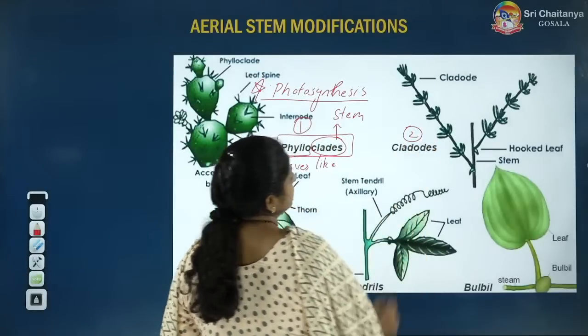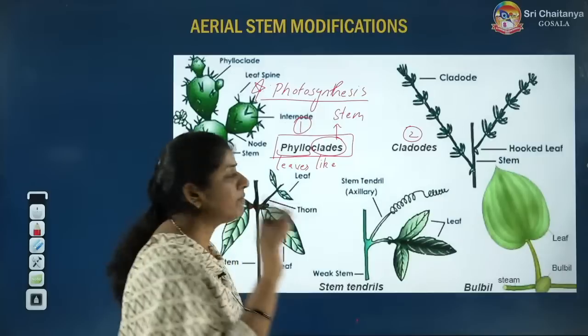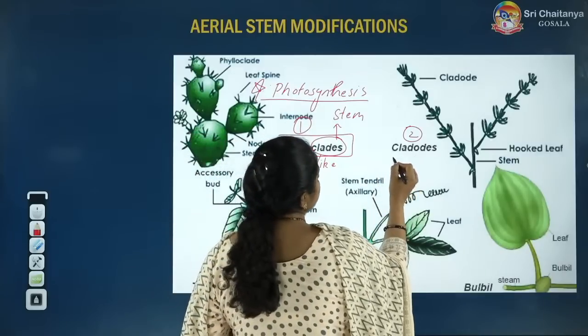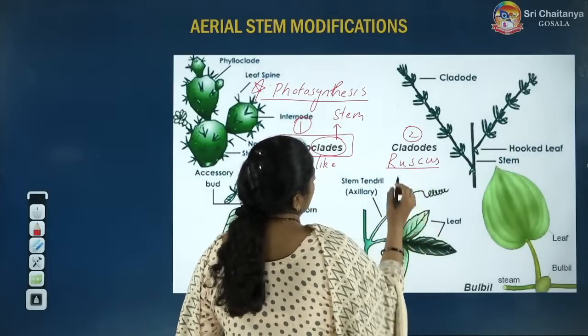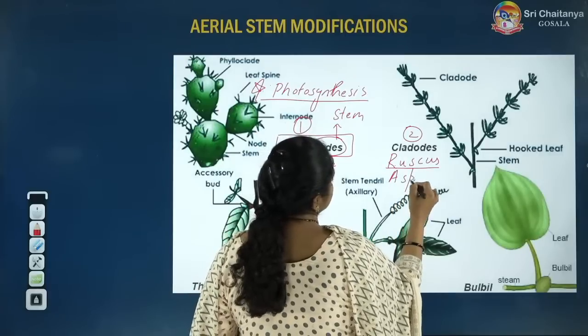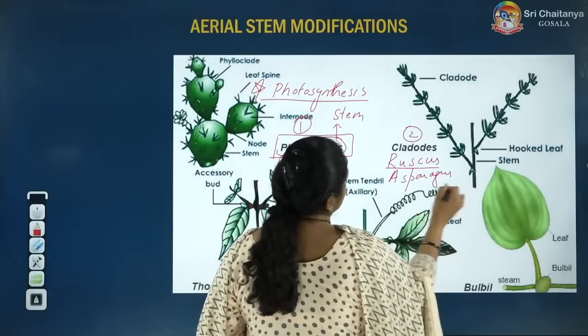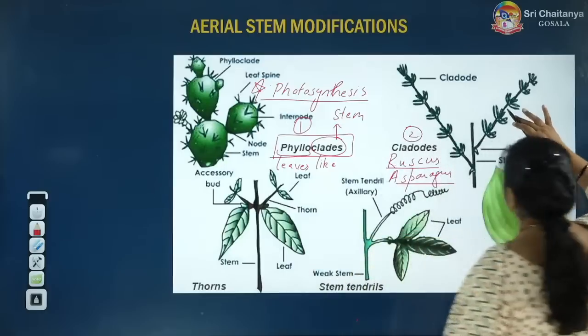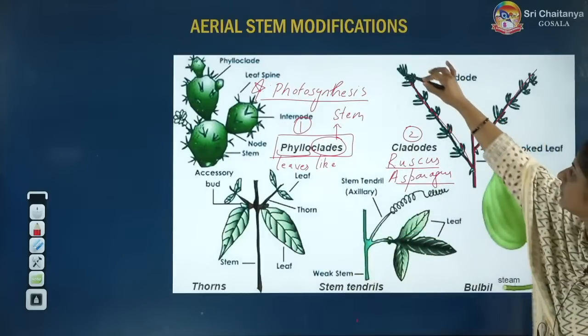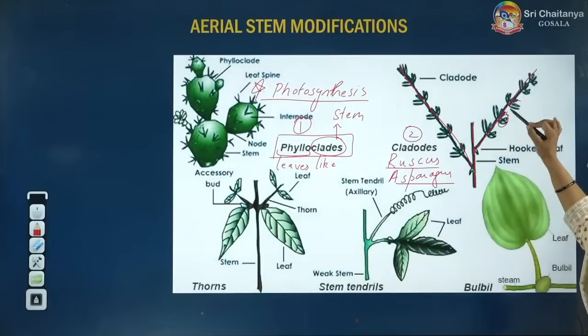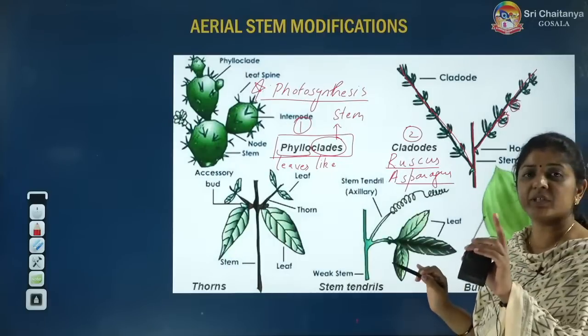Then is cladodes. What is cladode? Please listen here, very important. Here the example will be what thing? Ruscus, right? Or asparagus, right? So what is there here? Can you see the stem is normal here? The main stem is normal. But what are these? These are not leaves.